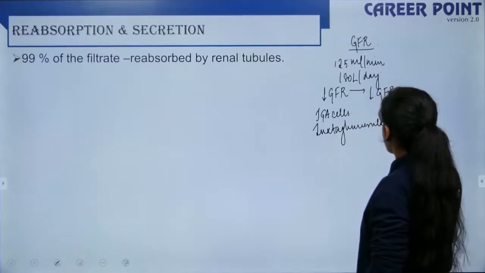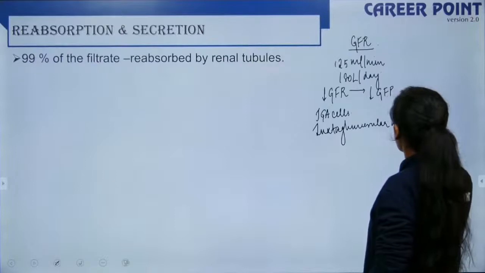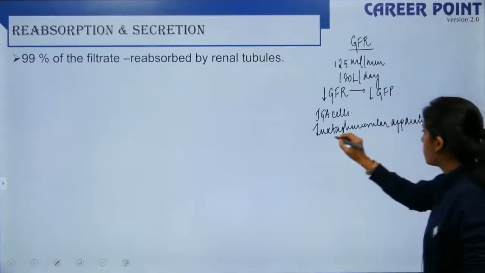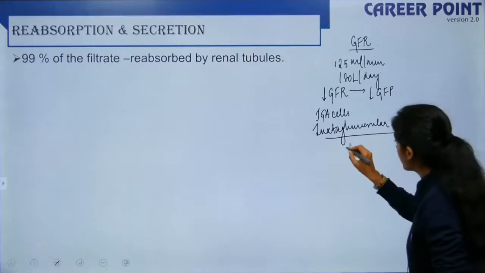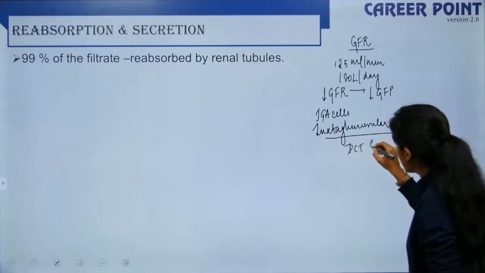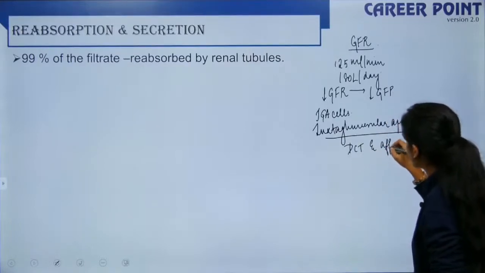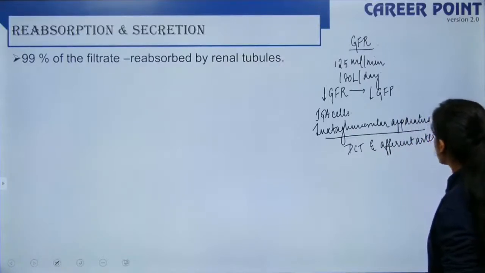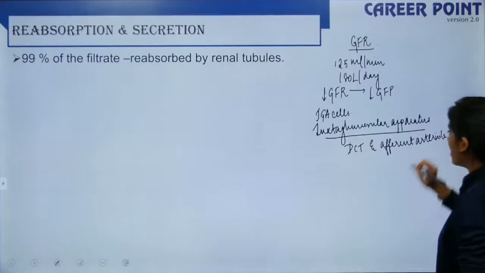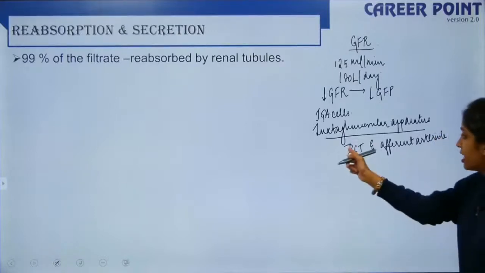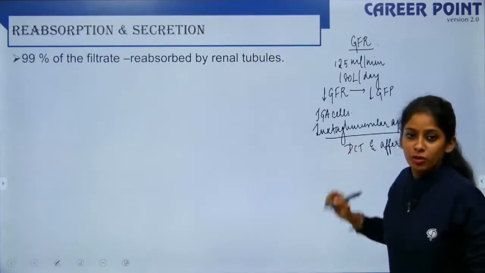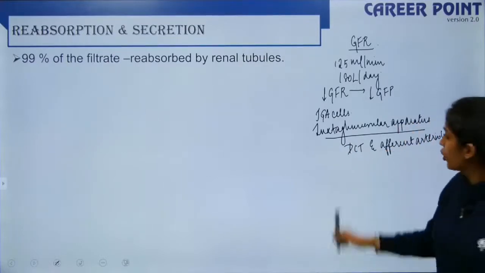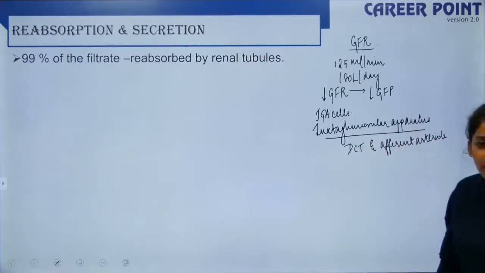These cells are present in the junction between your DCT and your afferent arteriole. The afferent arteriole is the one that brings blood into the glomerulus, and DCT is the distal convoluted tubule, right? In the junction between these two, you have juxtaglomerular apparatus cells.